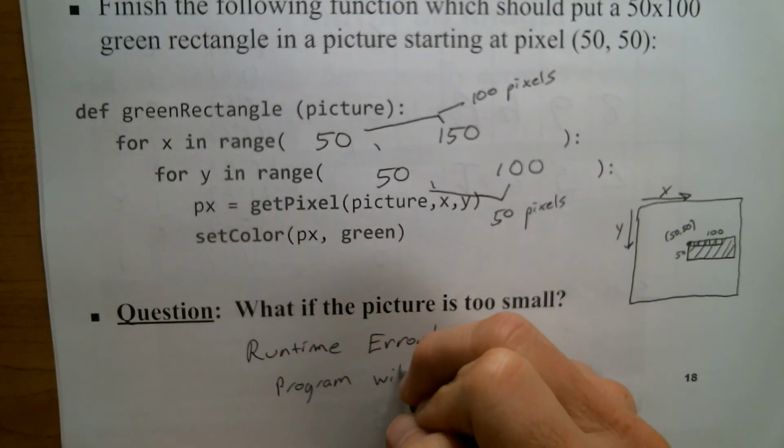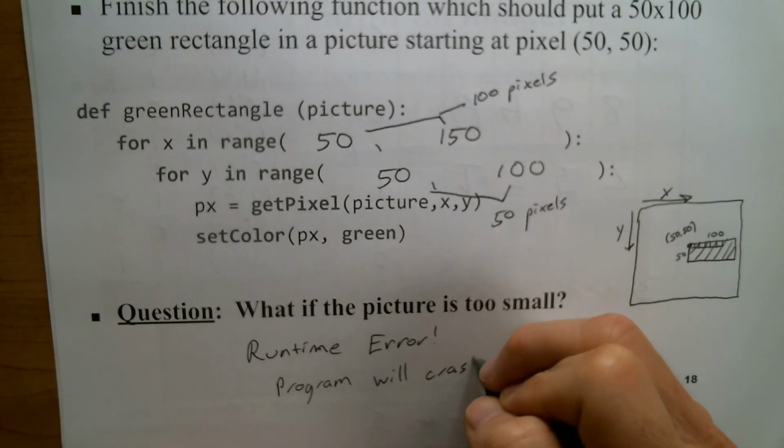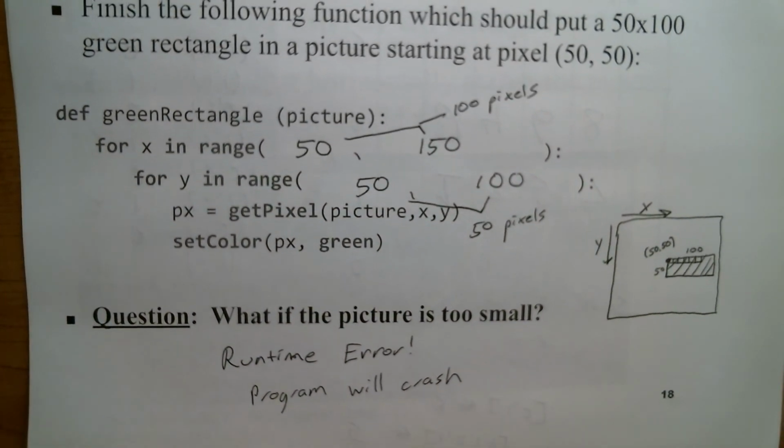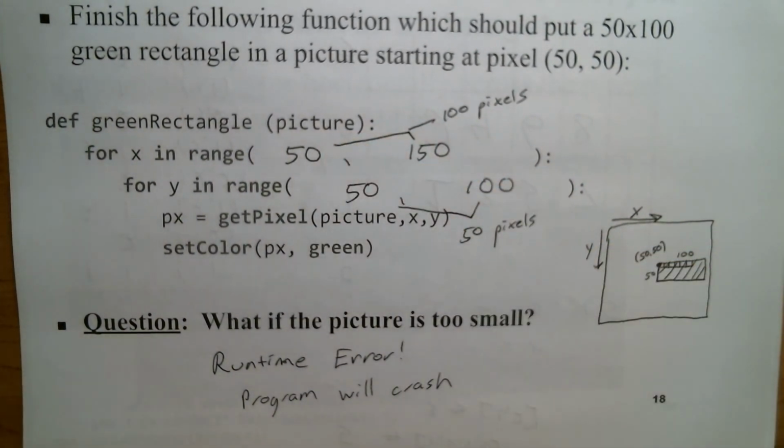So if your program's crashing when you're setting up with one of these, it might be that you've used numbers in here that are actually going outside of the bounds of the picture. So it's always important to know the height and width of your picture when you're doing this type of coding so that you don't go outside of those heights and widths.